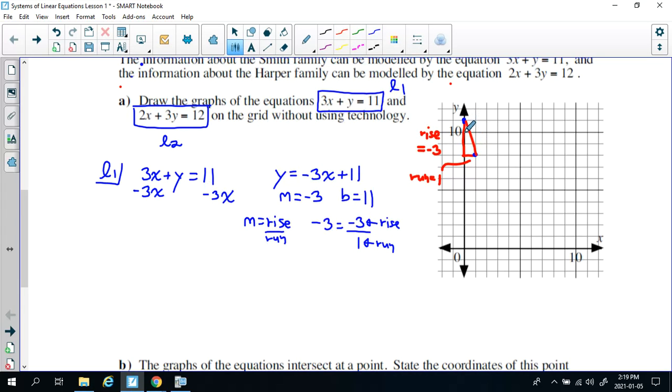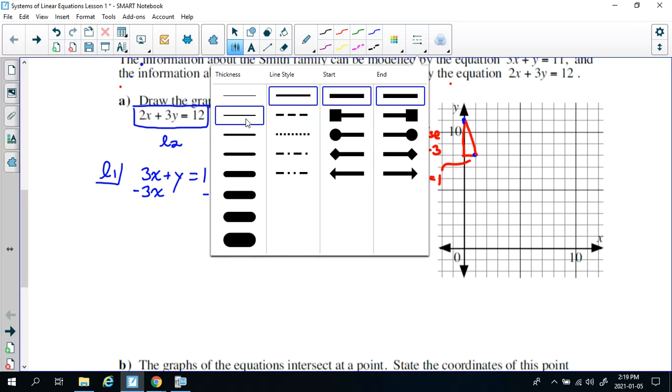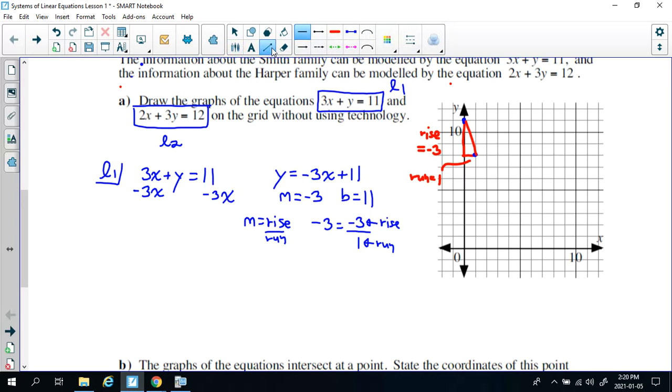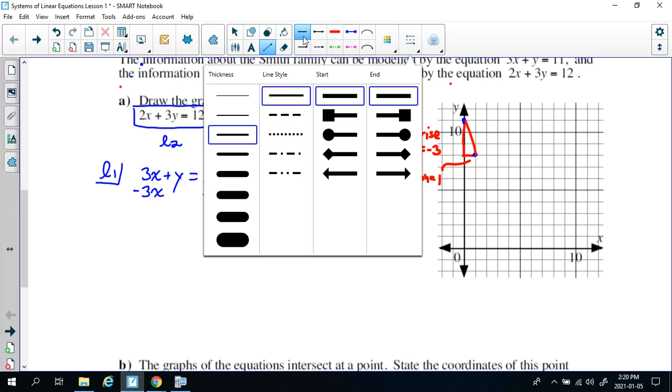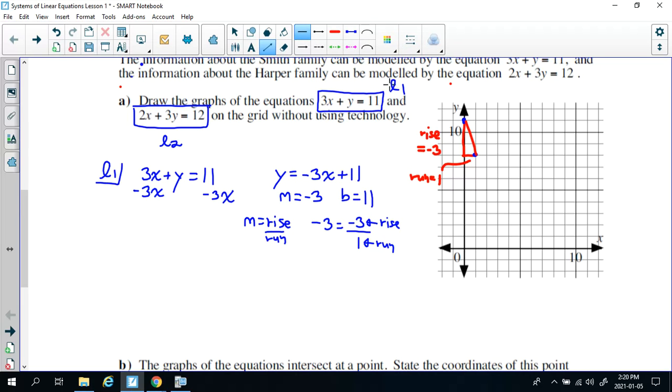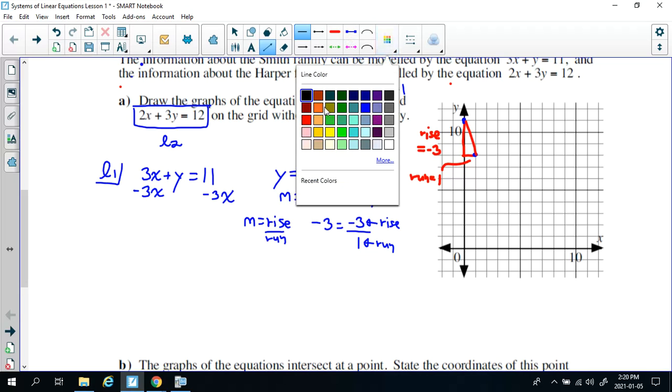Now, I'm going to need to grab a straight line to actually plot this correctly. And once again, you should be using rulers to do this. So let's pull a line on here, and let's make it, red's fine.